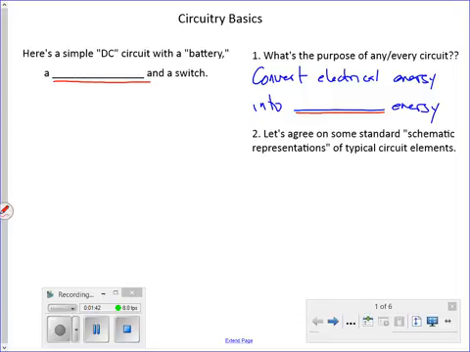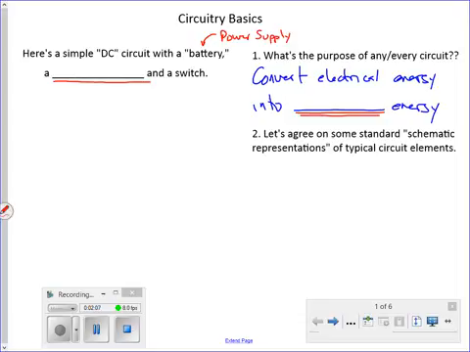A simple circuit has a battery, or really some sort of power supply, and a something. The switch isn't the important part, but the something links right to what kind of energy we are going to turn the electrical energy into.